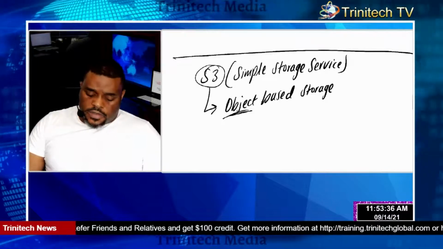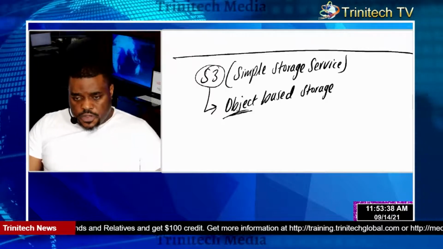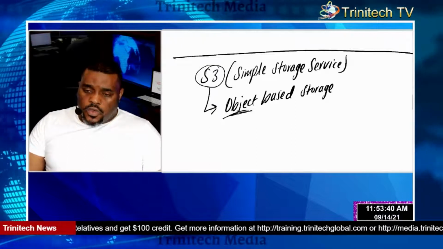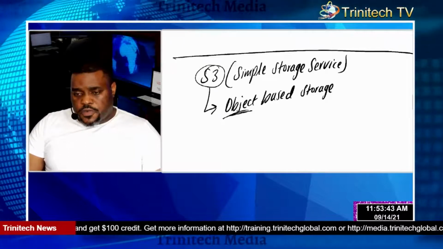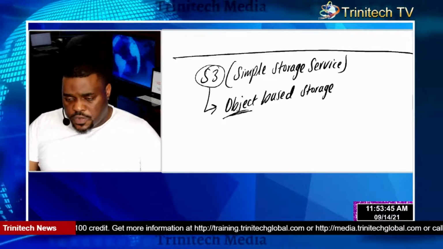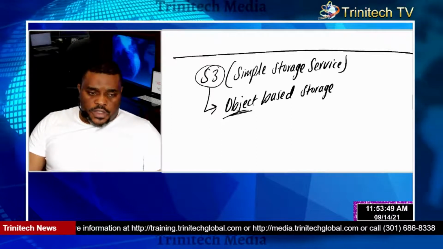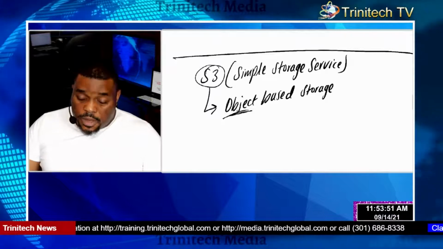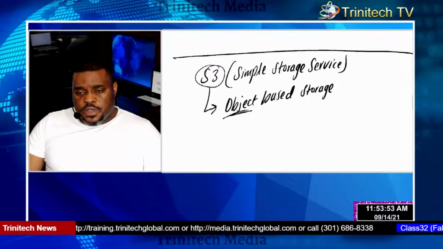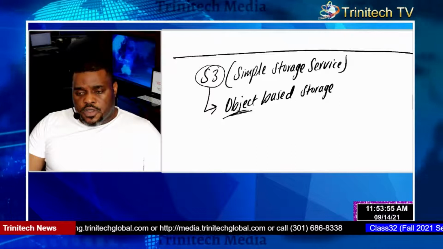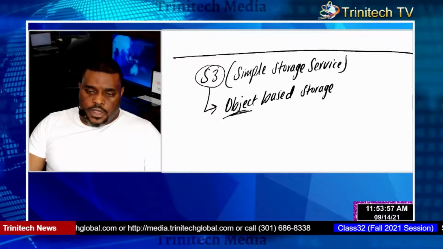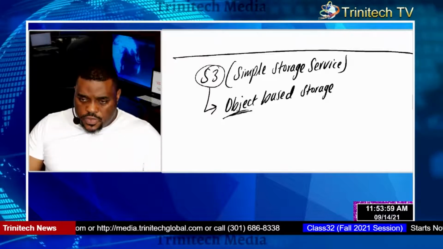You can create file systems on EBS volumes, which we will do as we go further. You can set up operating systems to run on them. In fact, every EC2 instance that we set up, like the ones that we've already configured, you saw that when we were assigning storage to the EC2 instances, the type of storage was EBS storage that we were using.